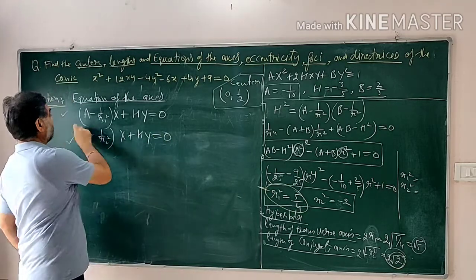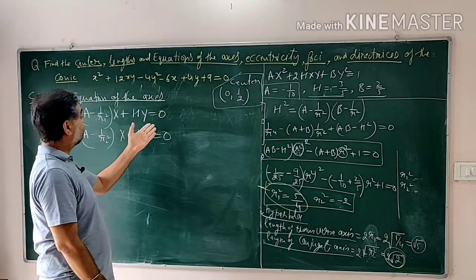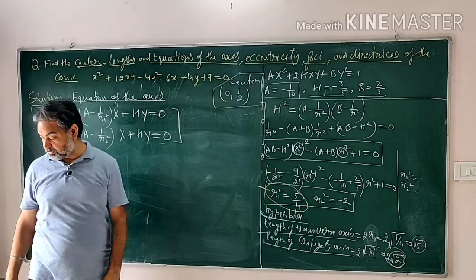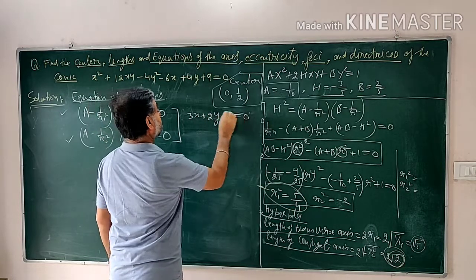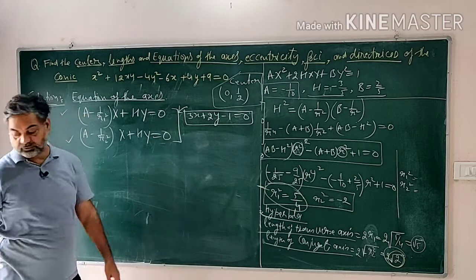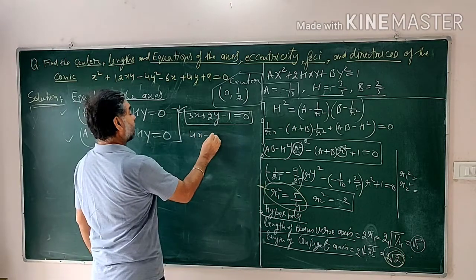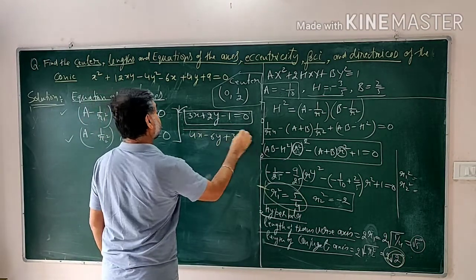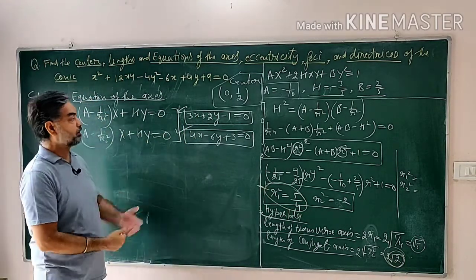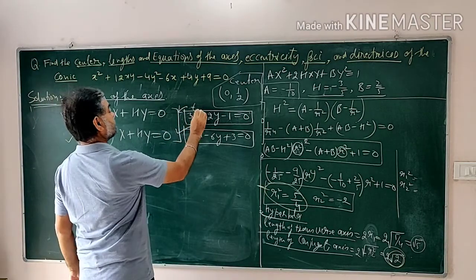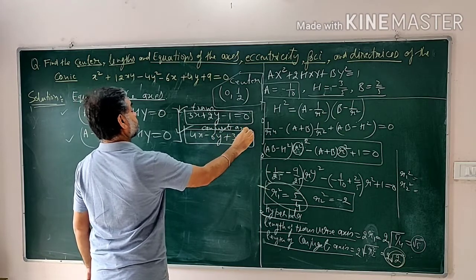If you put the values of a, h, b, r1 square and r2 square, the equation of the transverse axis comes out to be 3x plus 2y minus 1 equal to 0. The equation of the conjugate axis will be 4x minus 6y plus 3 equal to 0.